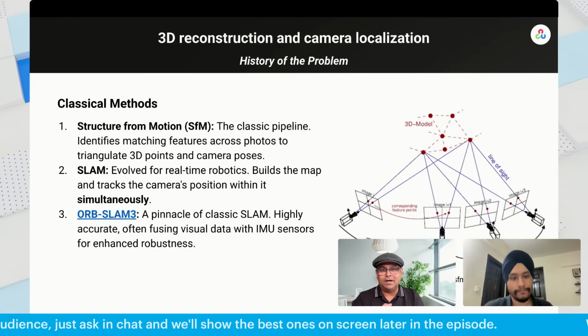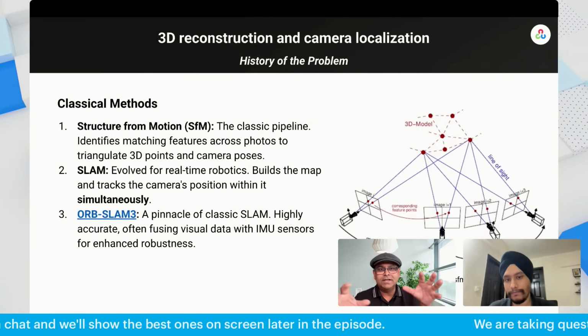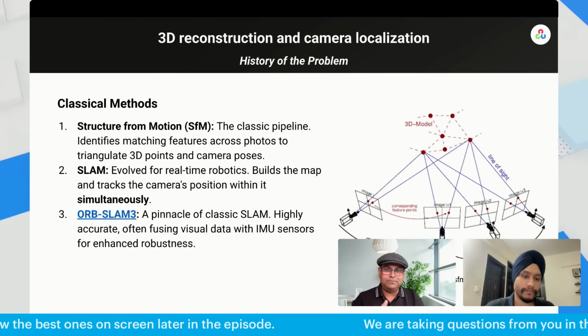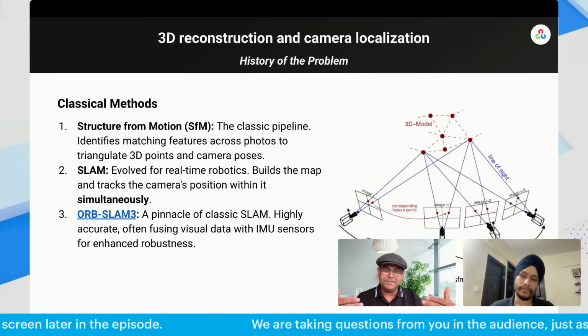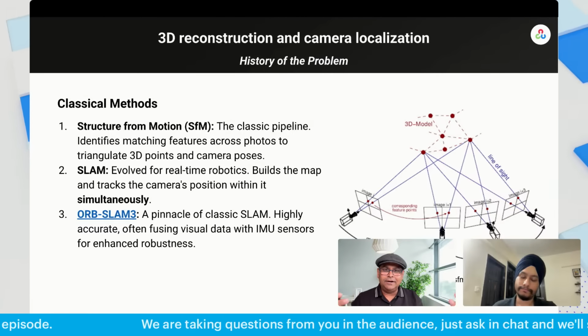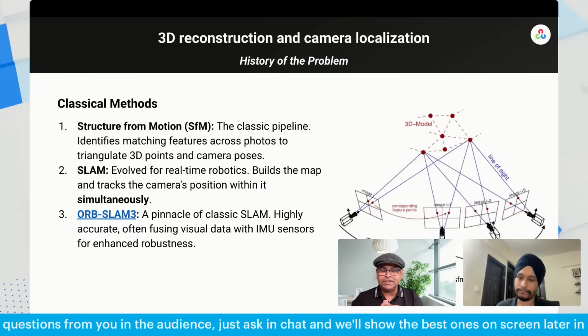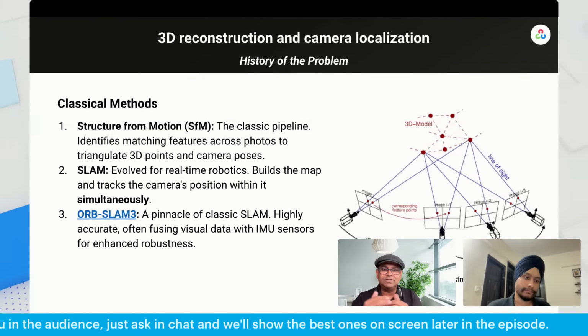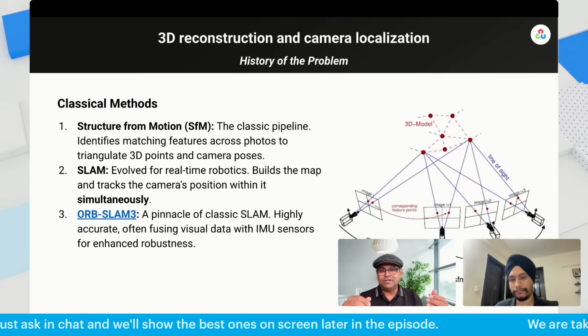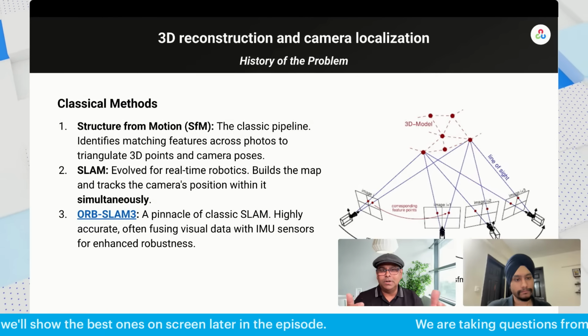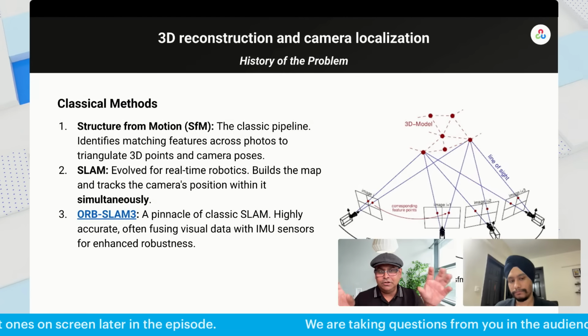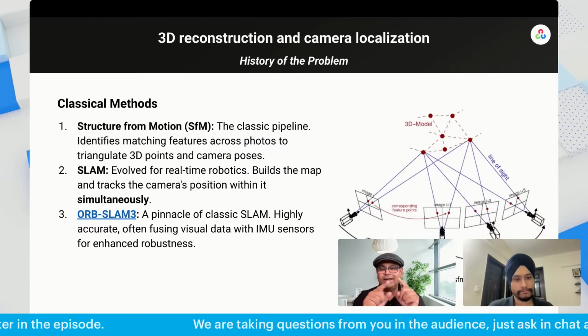Let's say you could identify 100 features in 2 frames. For simplicity, let's just consider 2 frames. You would identify 100 features in this one, 100 features in that one, and try to match. Some of those features will match, let's say 70 of them, and using those 70 features you are able to triangulate those points.